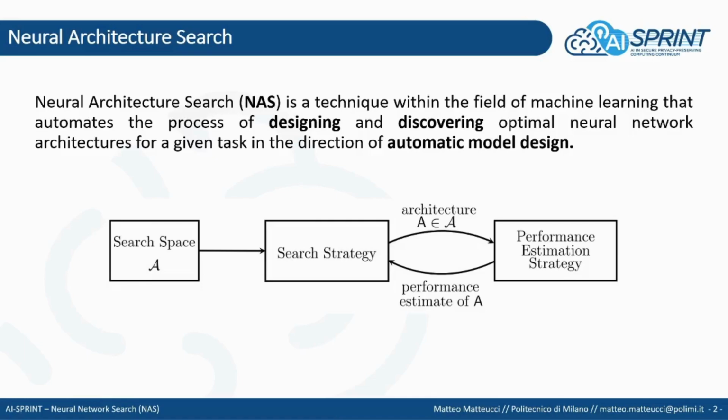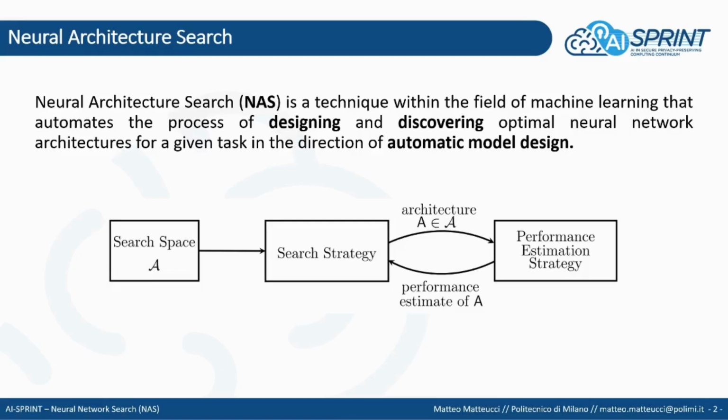We have a search space, which is the space where we will search for the best model, a search strategy to explore this space, and a performance estimation strategy, which means a way to evaluate whether one of the architectures that has been selected by the search strategy is good or not.